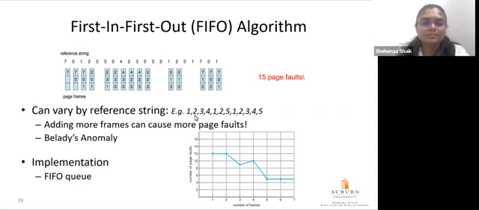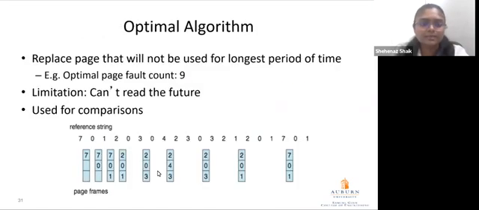In other words, this page replacement approach may not make the best use of additional memory frames in reducing the number of page faults. So that's the concept of Belady's anomaly, and that is one of the drawbacks of this FIFO approach. And then we discussed what we call the optimal algorithm.